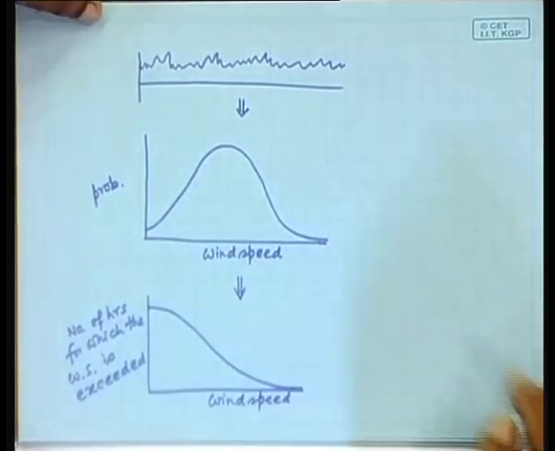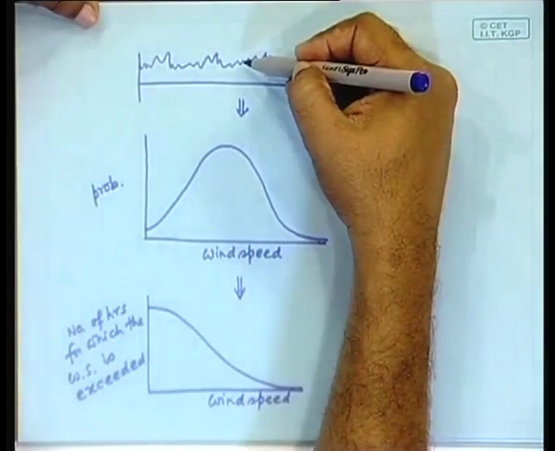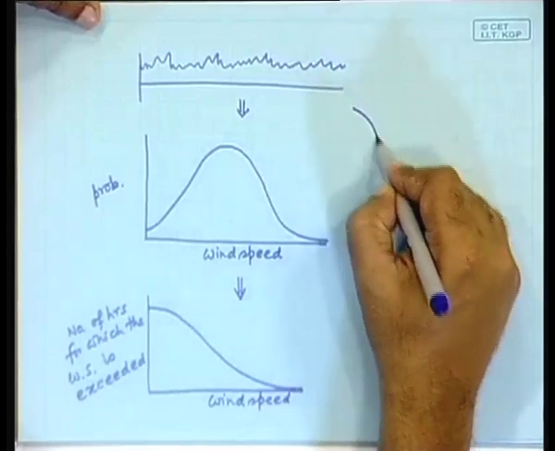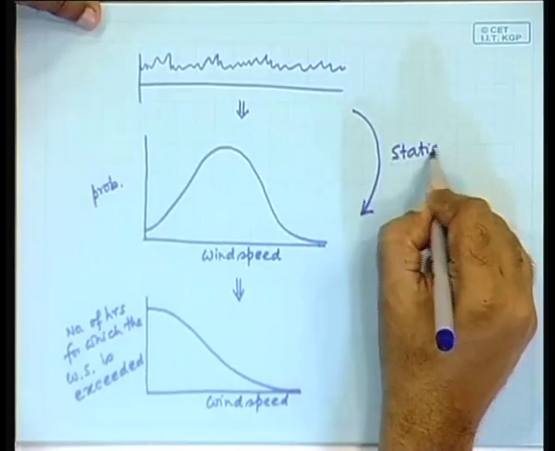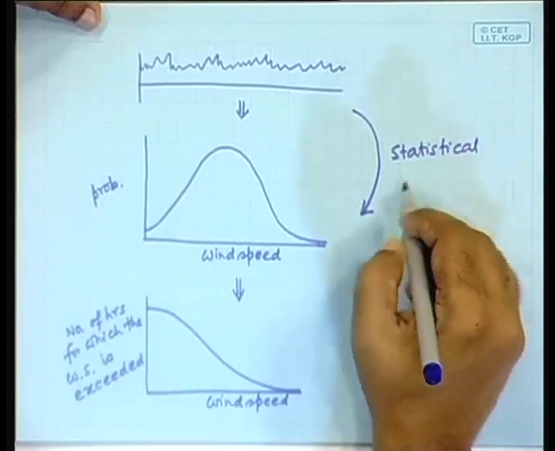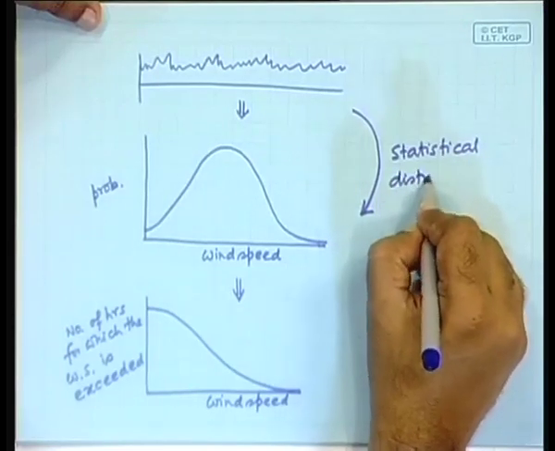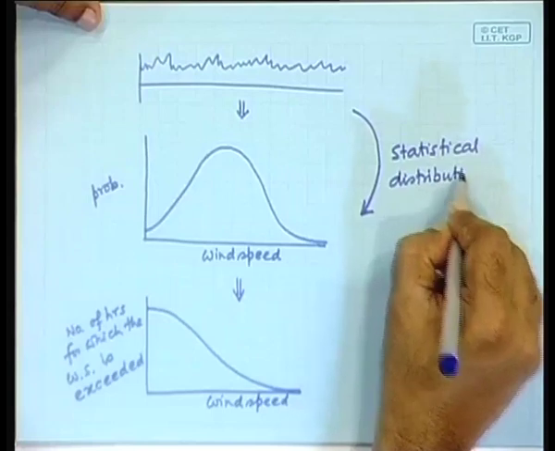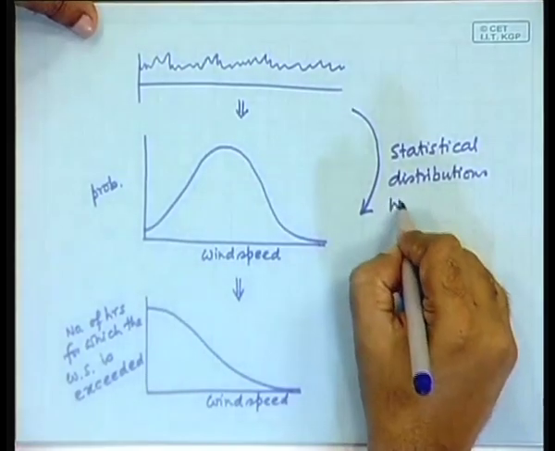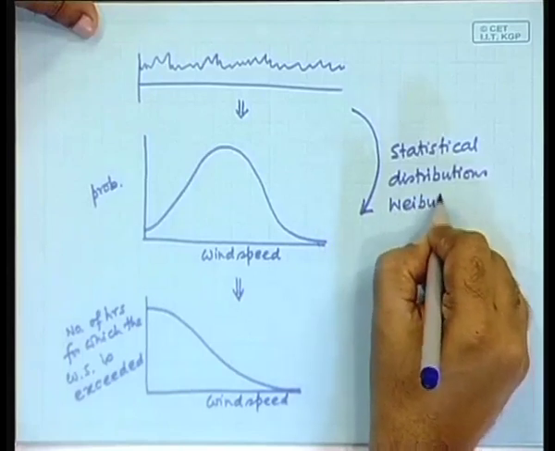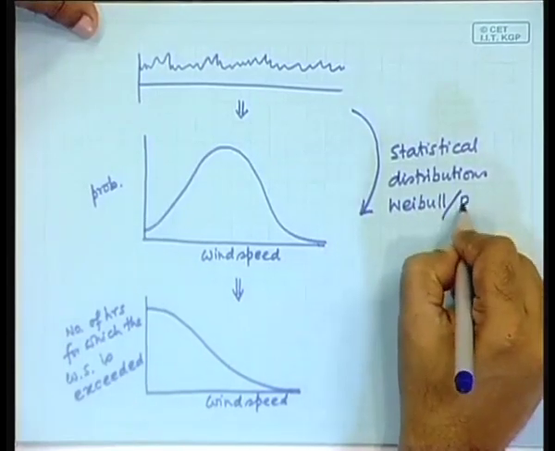So, there are two possibilities, either from the actual data you obtain this or from statistical distributions, mainly Weibull or Rayleigh.